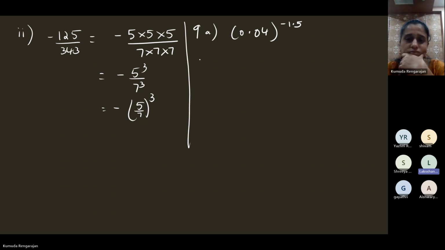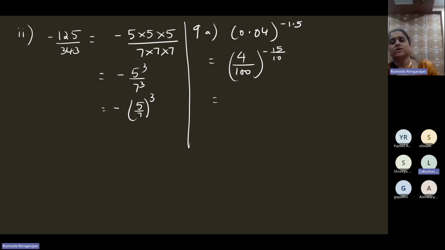So I got 100 by 4 to the whole power 15 by 10. Next I wrote 100 by 4 in terms of the power 2. So I got 10 by 2 to the whole power 2 into 15 by 10. So upon cancelling the powers, I got 10 by 2 to the power 3, which is 1000 by 8, and that is 125.